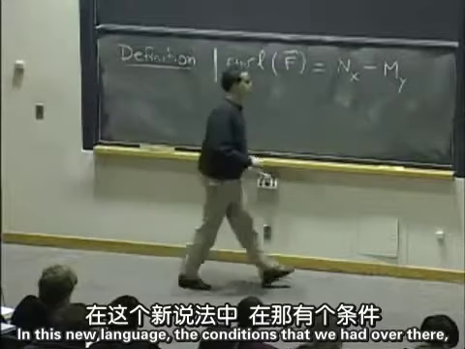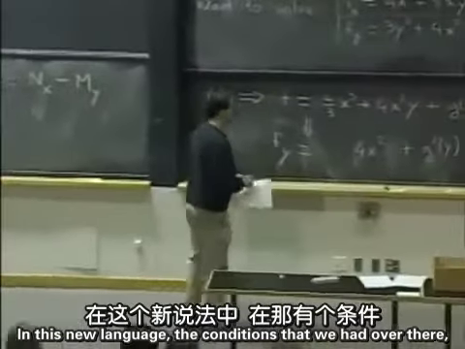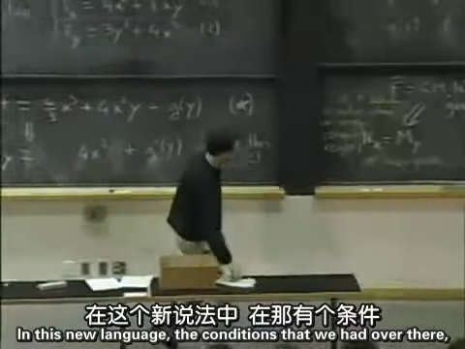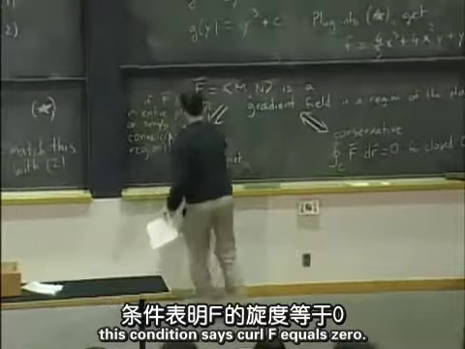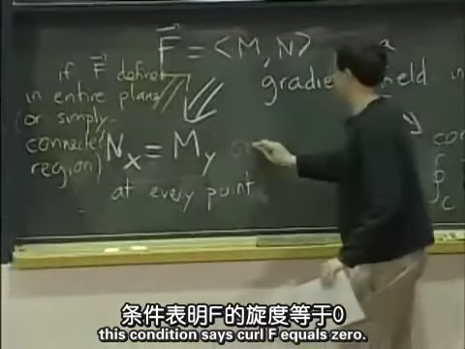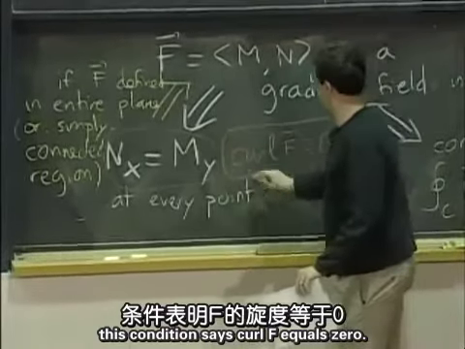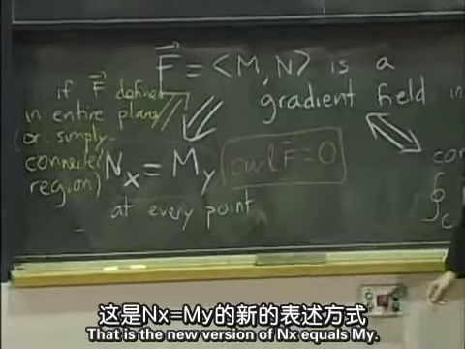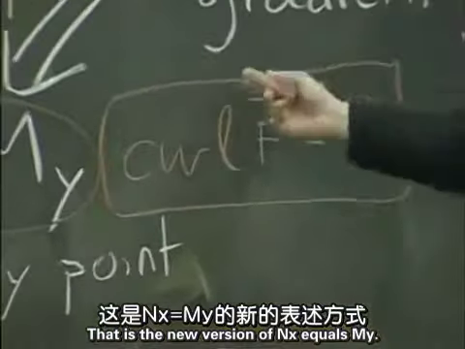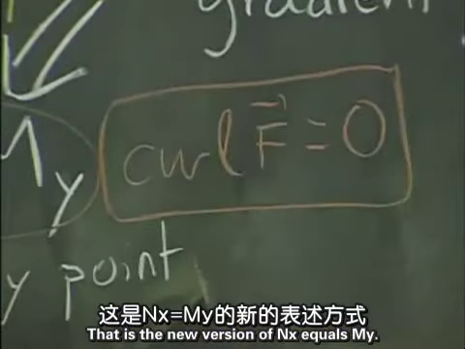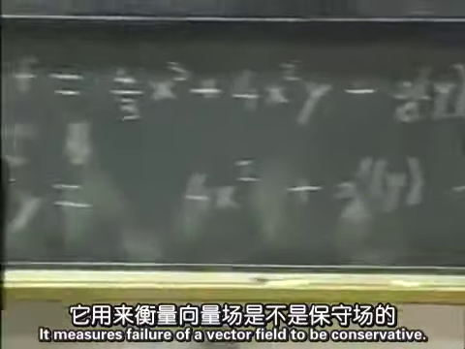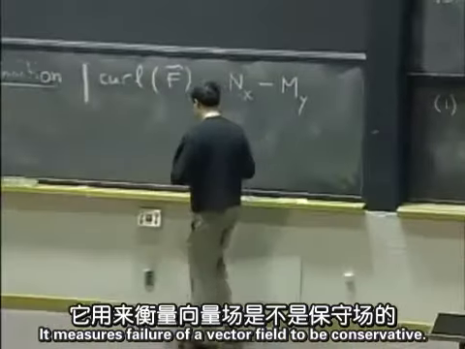In this new language, the condition that we had over there says curl F equals 0. That's the new version of N_x equals M_y.